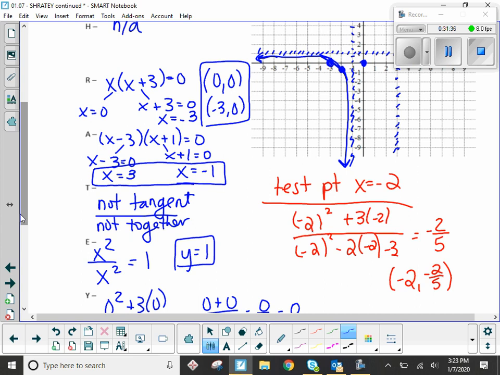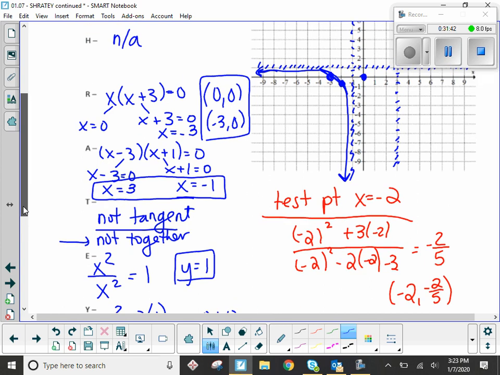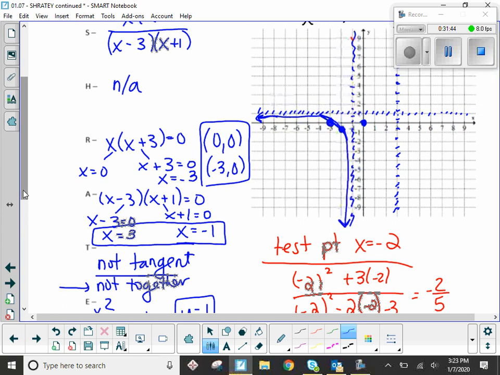So T says the graph does not come together at the asymptotes. Remember, anything on the bottom is asymptote information. So right here, I know that on the left side of this asymptote, the graph is going down. If it was coming together, it would be going down on that side as well.